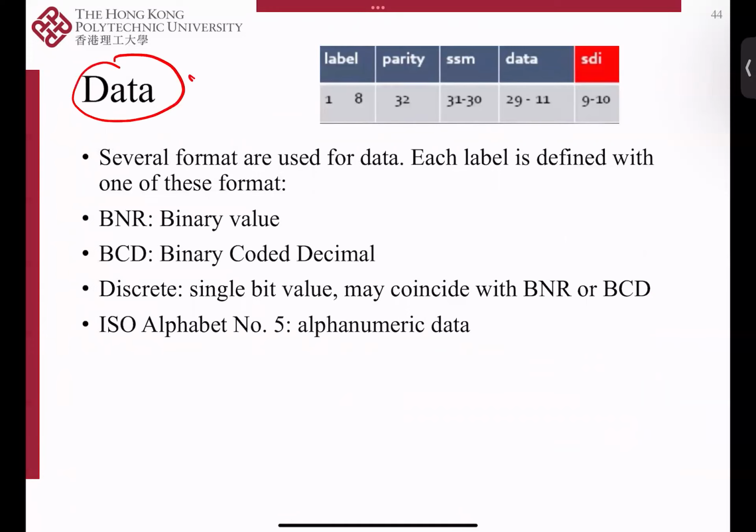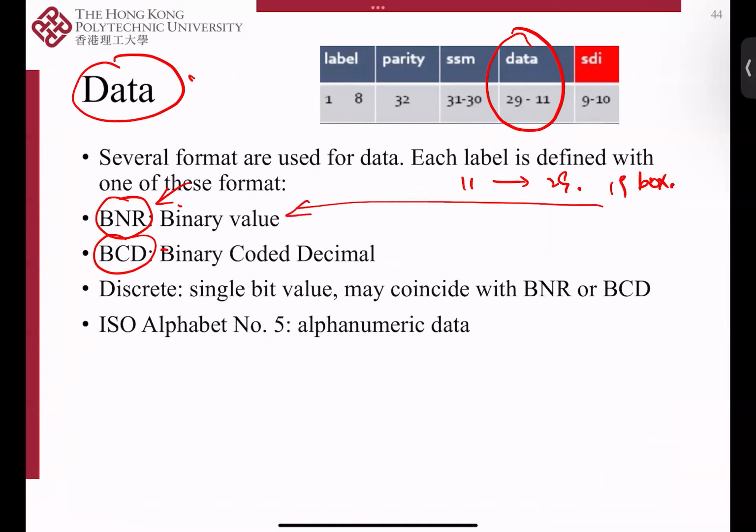But for the data, they will have a certain format. The two usual ways are BNR and BCD. The difference is that BNR directly reads the binary value. Here, the data is from bits 11 to 29, so we have 19 boxes. These 19 boxes fully indicate binary data, which means you have numbers from 2 to the order of 0 to 2 to the order of 18.